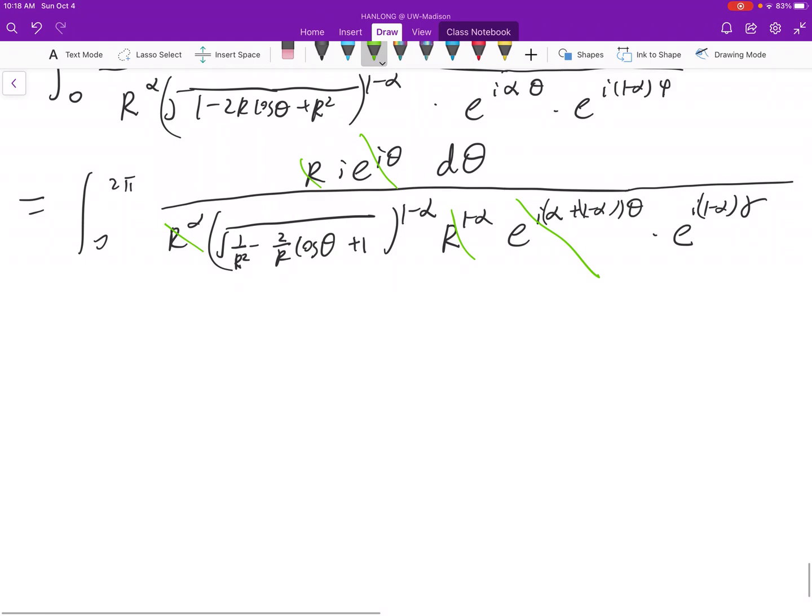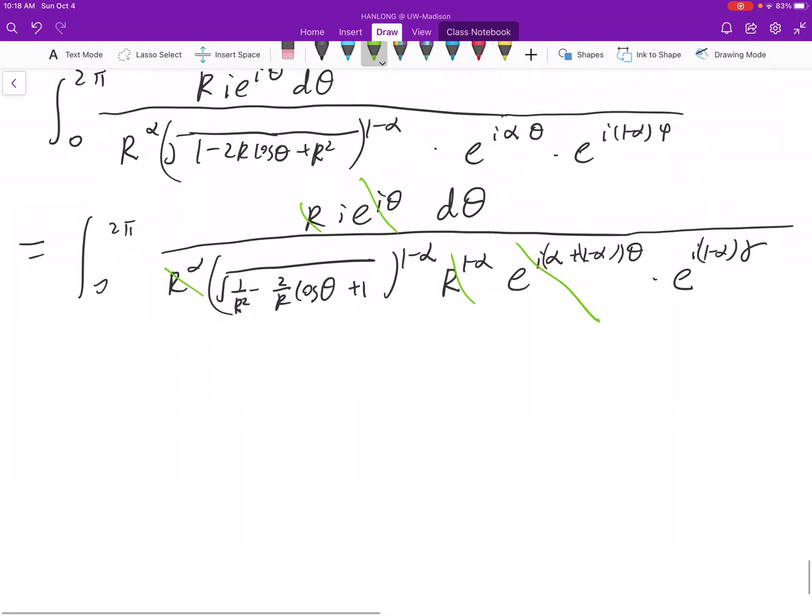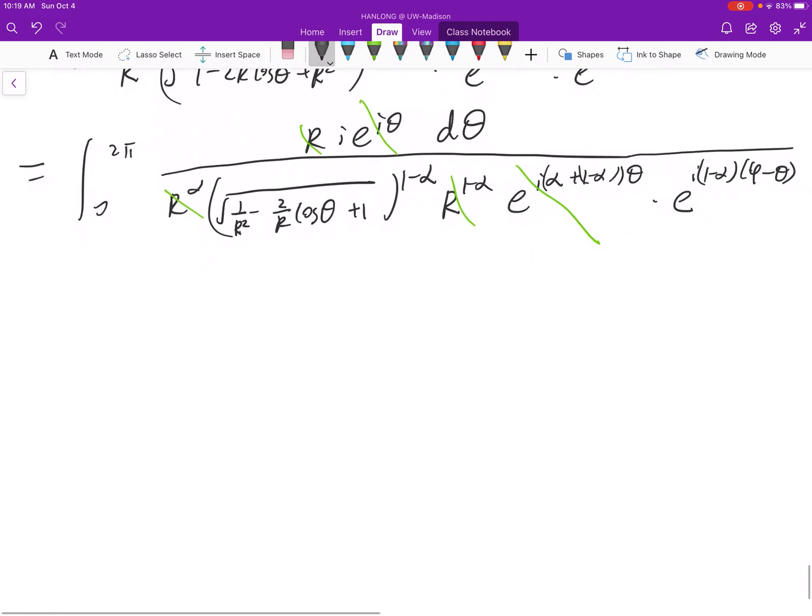Okay, so here you have phi minus theta. Then simplify it.